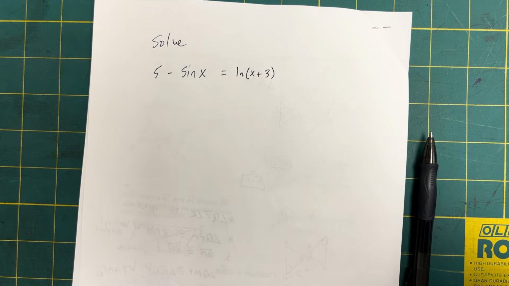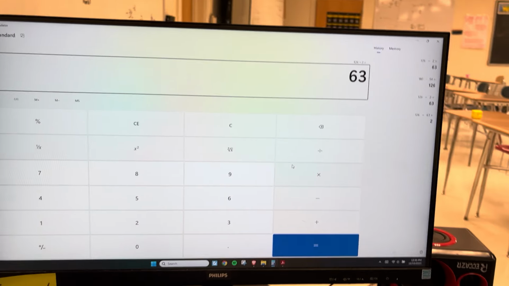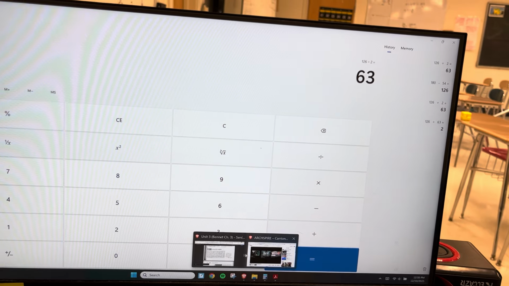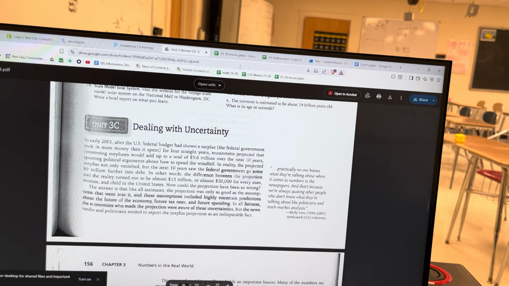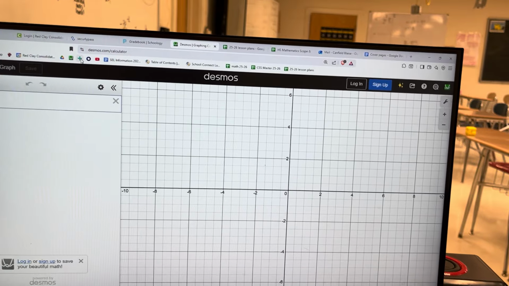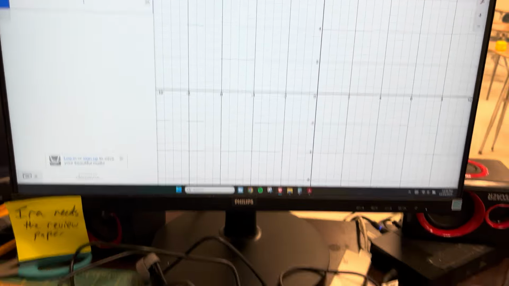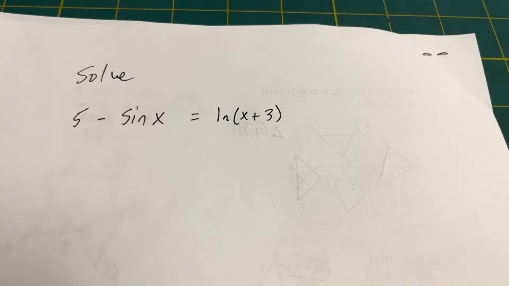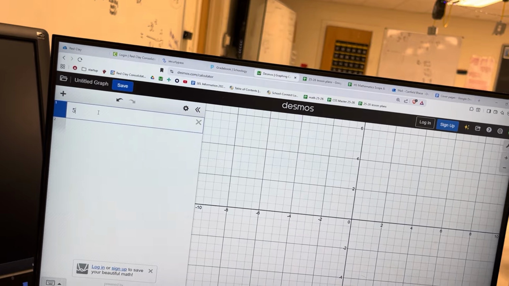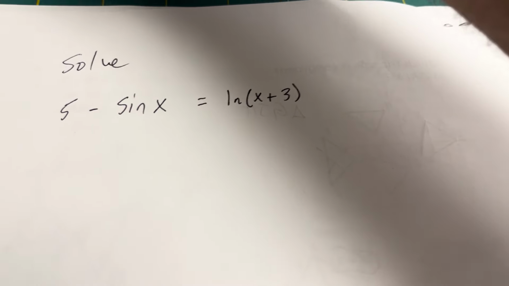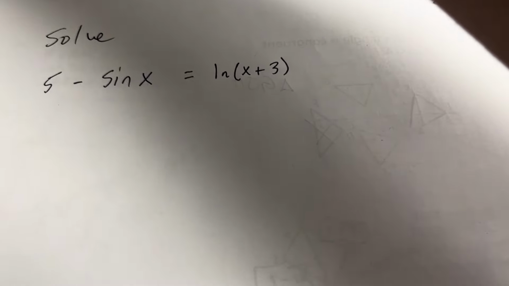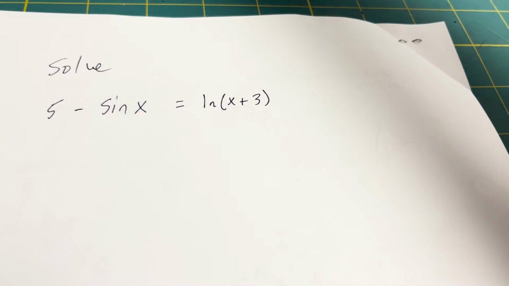Hopefully this works. So to do this, hi computer. To do this, we are going to go to Desmos. All right, hi Desmos. So remember, if this is my equation, 5 minus sine x, I am not able to just go in and type equals ln x plus 3.